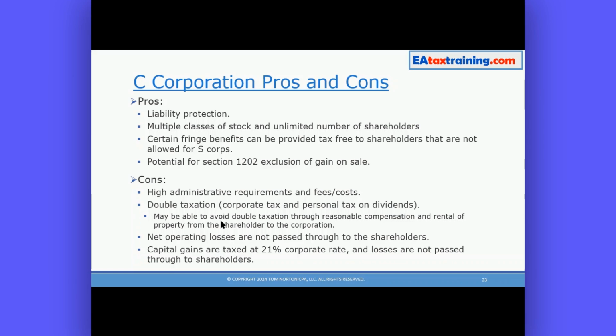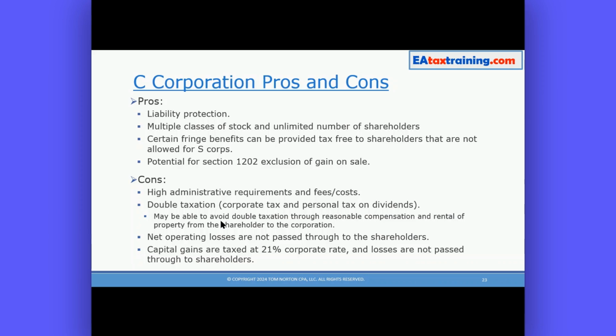Capital gains in a C corporation that the corporation has are taxed at the same rate as all other income, which is 21%. And you may remember again from part 1 that normally capital gains for an individual are taxed at either 0, 15, or 20%.